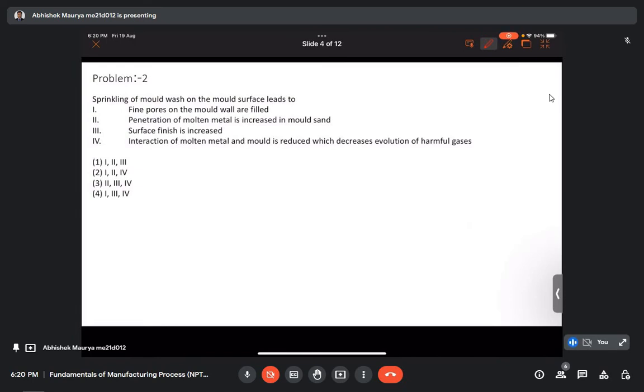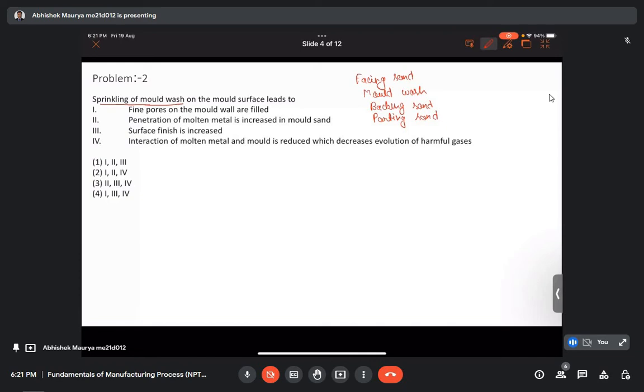So what is being asked in the question? Sprinkling of mold wash. If you remember from the lectures, for preparation of the mold there are several types of sands which can be used, like facing sand, mold wash, backing sand, and parting sand.